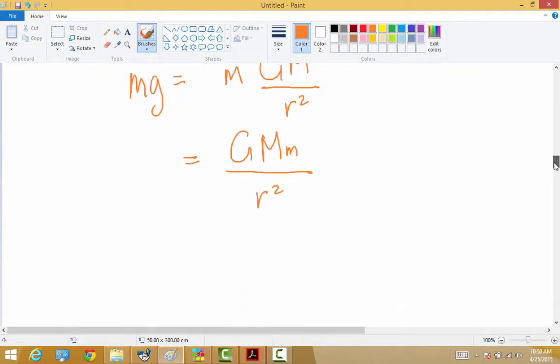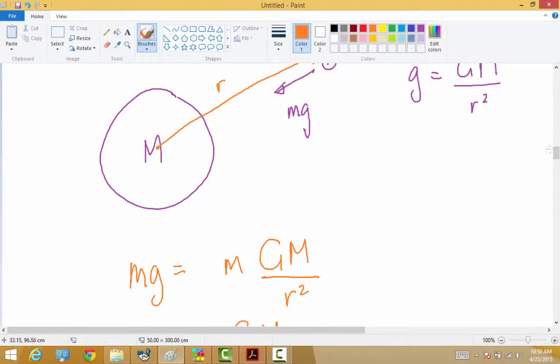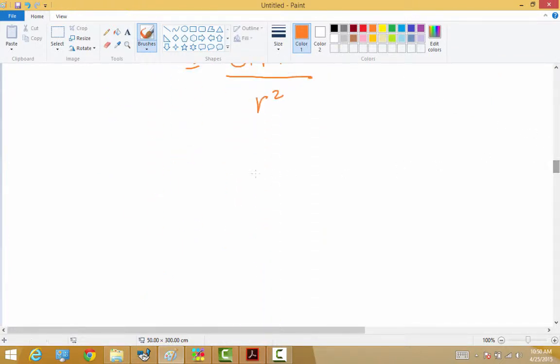Right, now we know that this mg is equal to, remember the F net for bodies that are undergoing circular motion is equal to m times acceleration, and acceleration is equal to the tangential velocity squared over r.